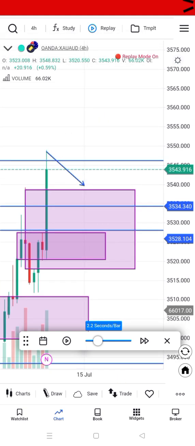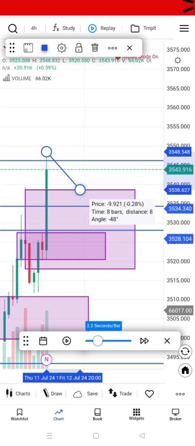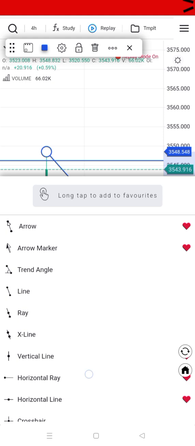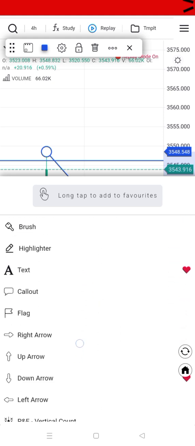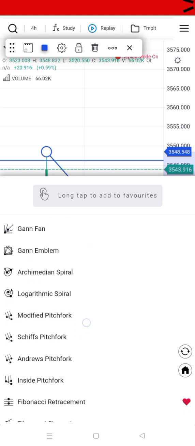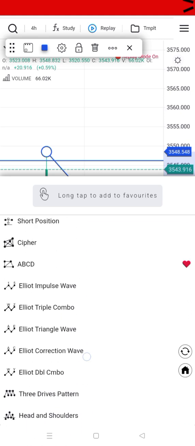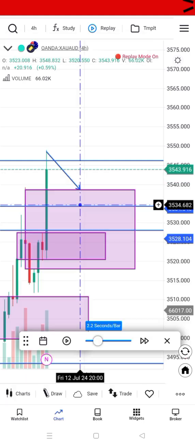I'm expecting that market to come back to these zones and then shoot up, because we are still on an uptrend. So my aim is waiting for that market to return to this zone and then move up. That's what I want to trade.